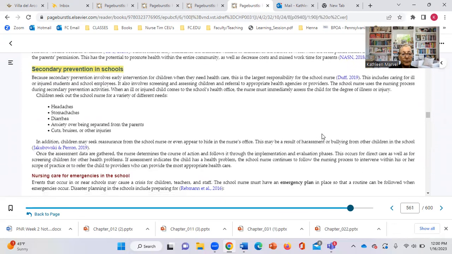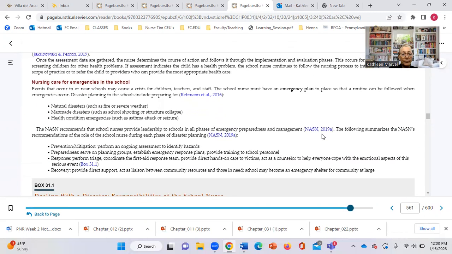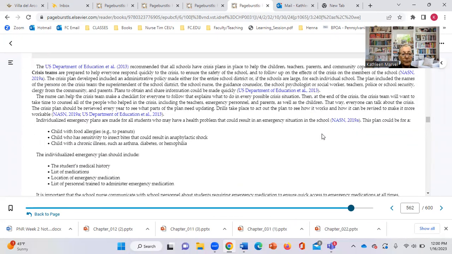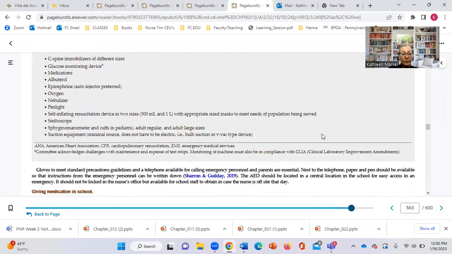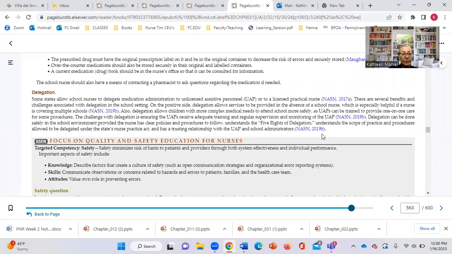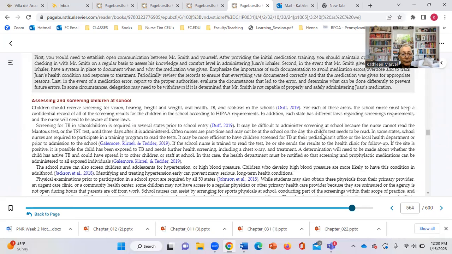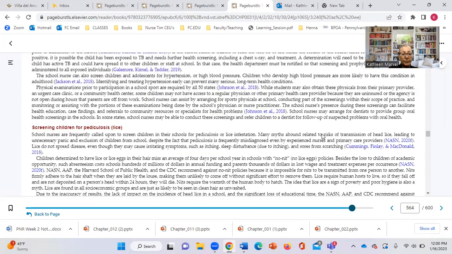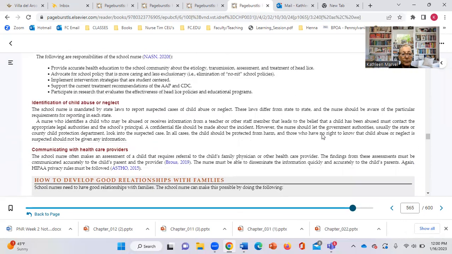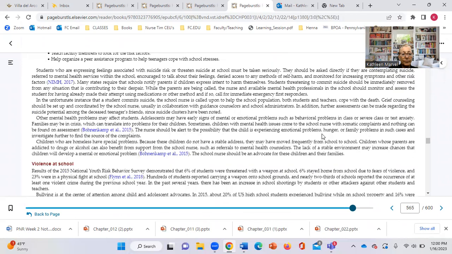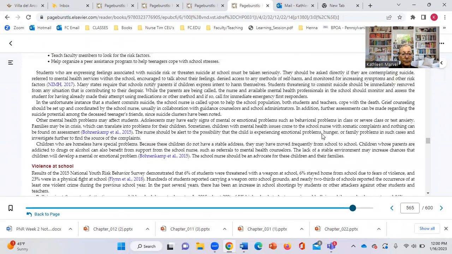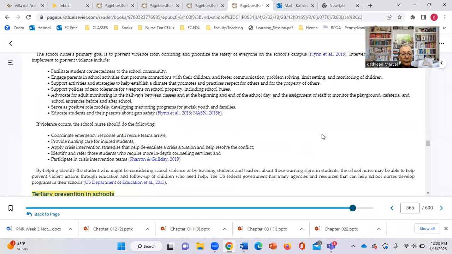And then secondary moves into screening: assessing and screening children at schools, screening for lice, screening for abuse and neglect, communicating with healthcare providers, and screening for violence or dealing with violence at school.